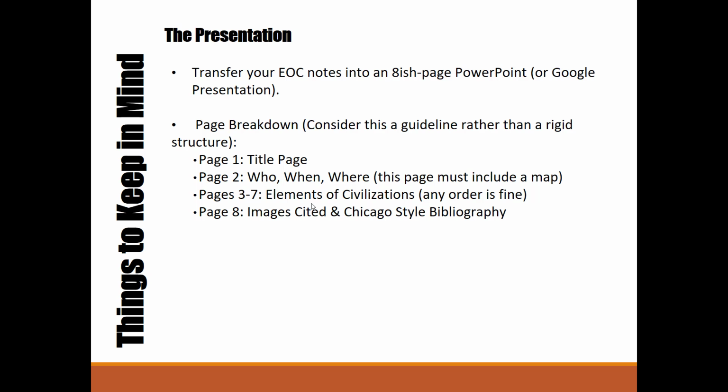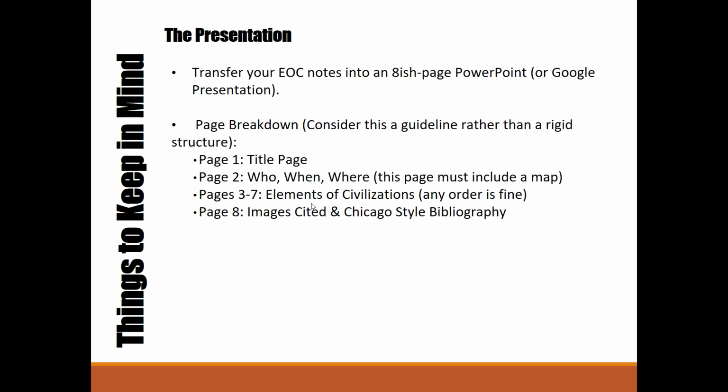Breakdown: if we went with an 8-ish slide presentation, you have a title page, and maybe a slide that does who, when, where. You might even divvy that up a bit and make it slides 2, 3, and 4, or just 2 and 3. I don't know. You might have separate pages for each element. In some cases, people like to combine pages.